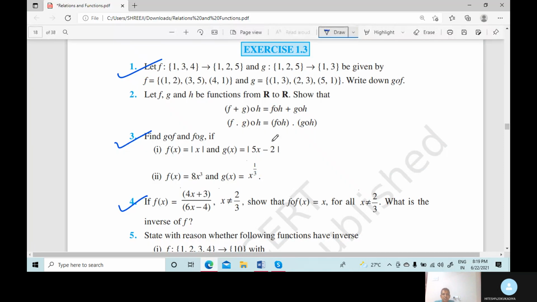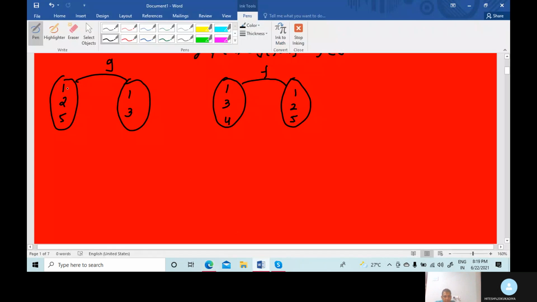Clear, student? Now the relation of g: 1 to 3, 2 to 3 and 5 to 1. The range of g is {1, 3}, and 1, 3 are also elements in the domain of f. So the range of g is a subset of the domain of f. That means we can continue with the composition of functions.